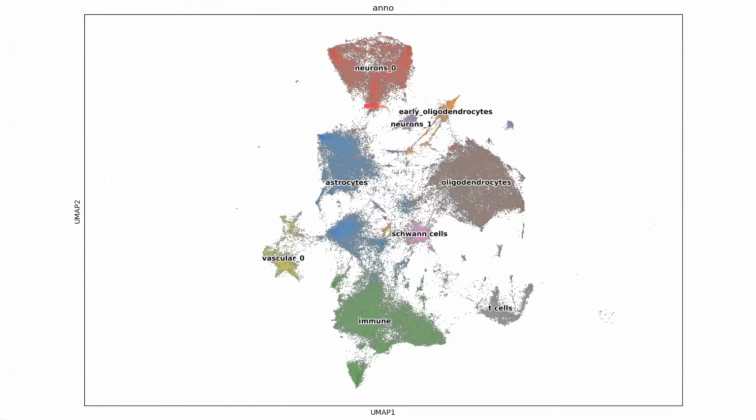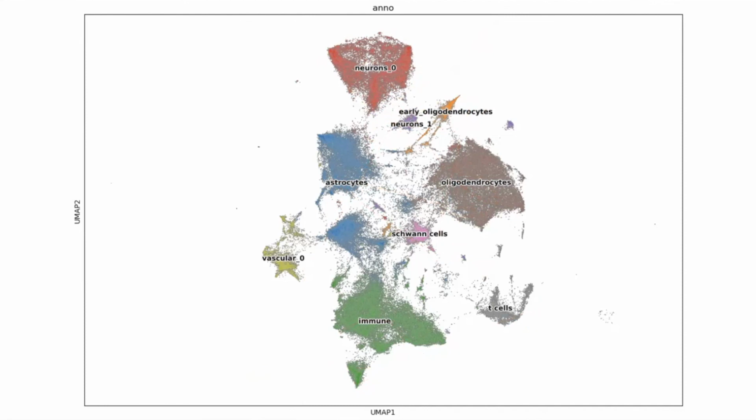You have the main populations where you have neurons, oligodendrocytes, astrocytes, these Schwann cells, some early oligodendrocytes, other types of neurons, these vascular cells, and then the immune cells, and the T cells are located down here. So now the point is to grab this annotation that we've done and then map it back onto space, right?